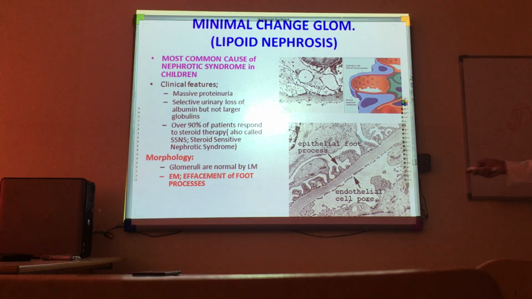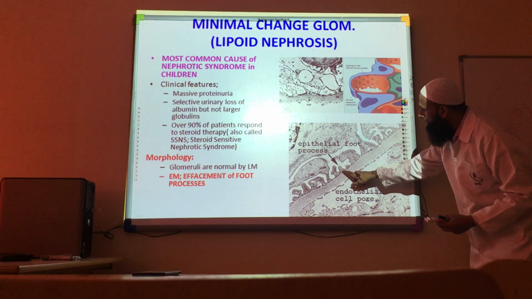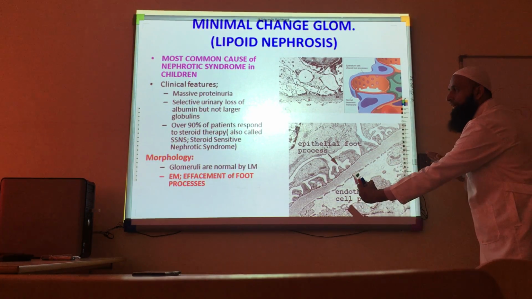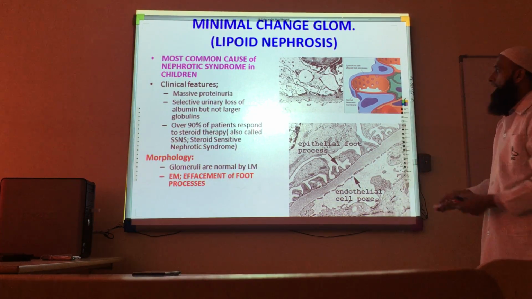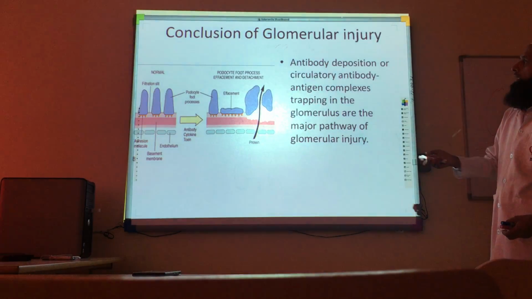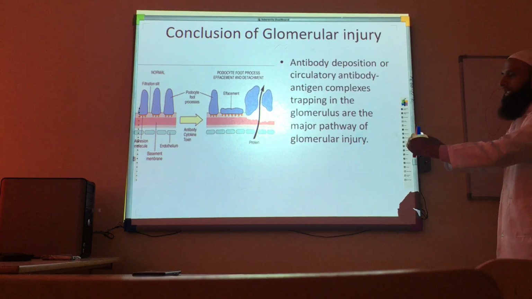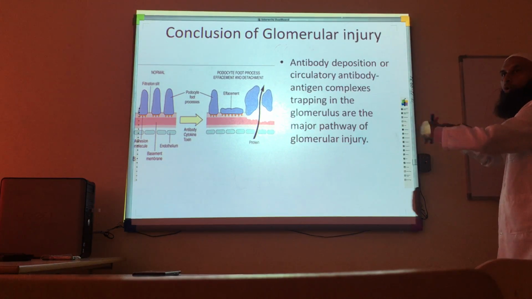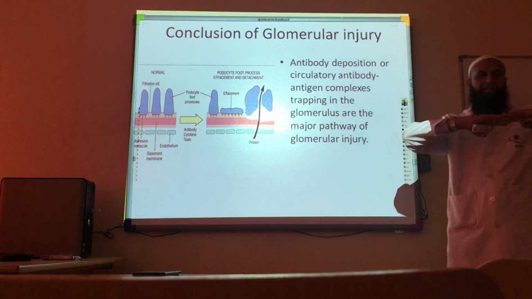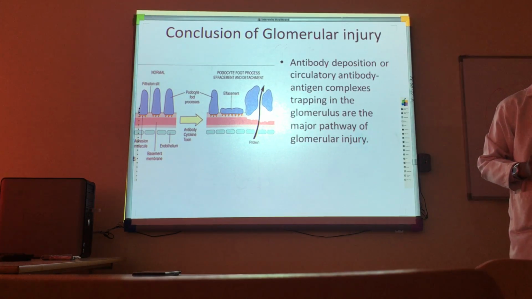With electron microscope, we typically see that the foot processes are getting effaced. As you see here, this is the normal one. When they become stretched and more flat, this is called effacement.